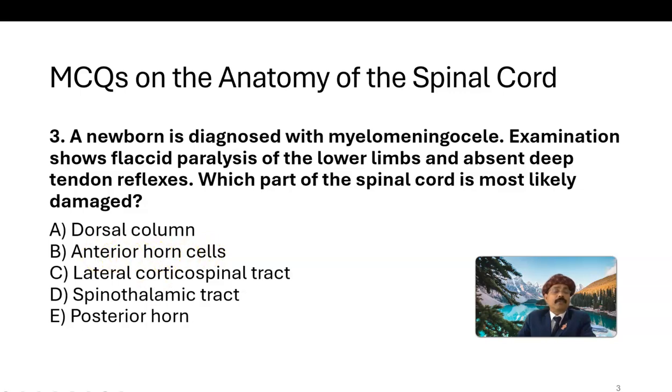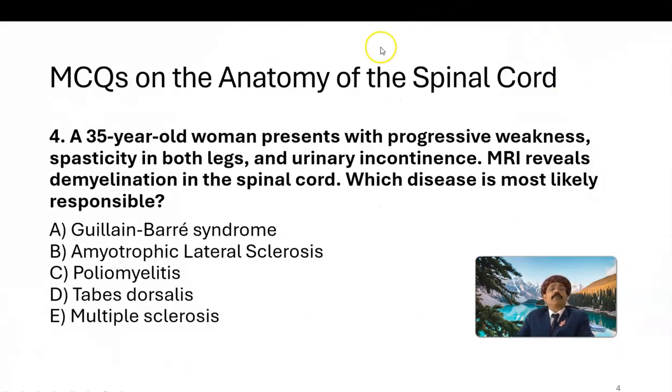Anterior horn cells. Okay, question number 4. A 35-year-old woman presents with progressive weakness, spasticity in both legs, and urinary incontinence. MRI reveals demyelination in the spinal cord. Which disease is most likely responsible?